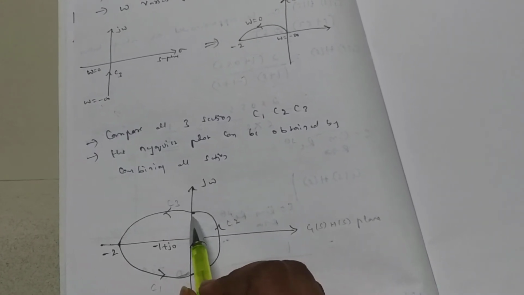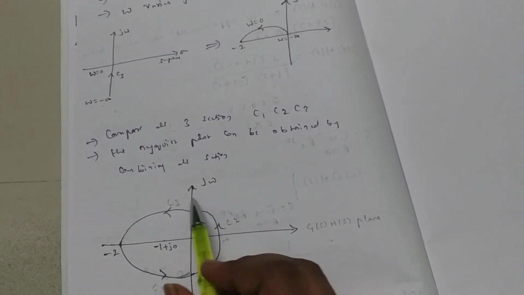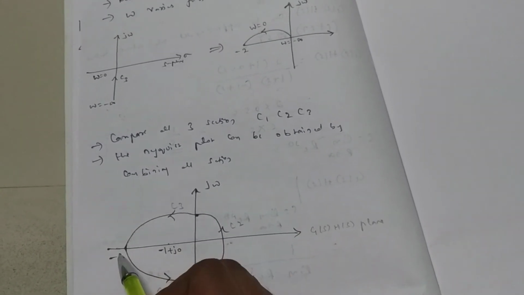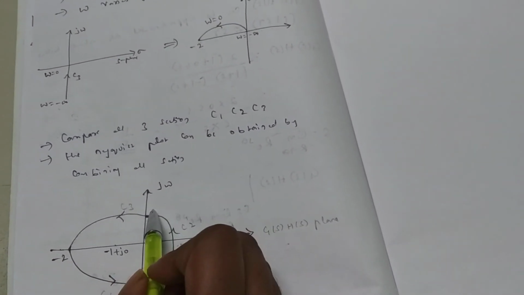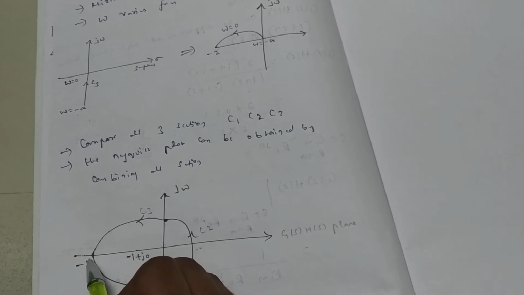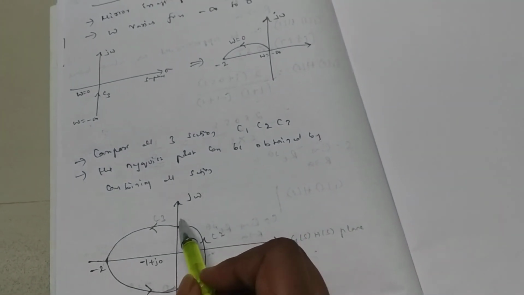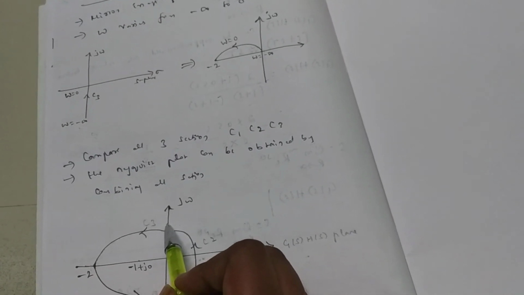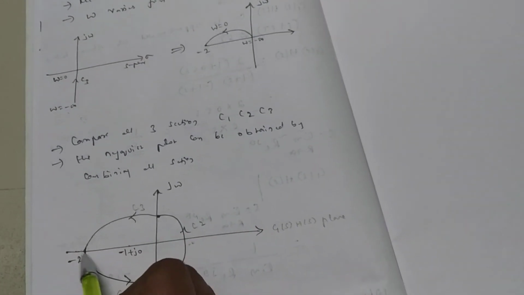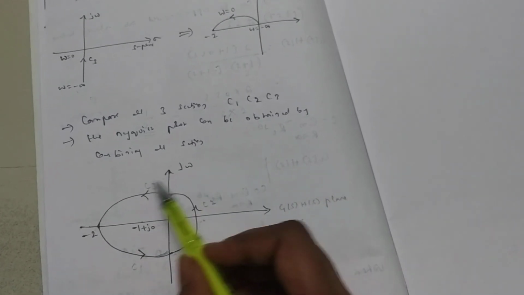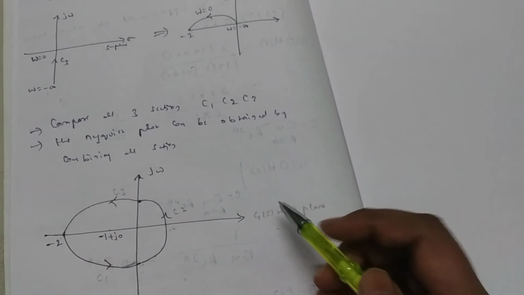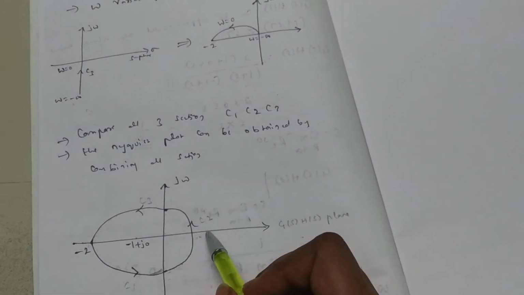Similarly C2 means minus pi by 2 to plus pi by 2. Next is C3, which means from minus infinity to 0. So we have combined all three sections using the given open loop transfer function.